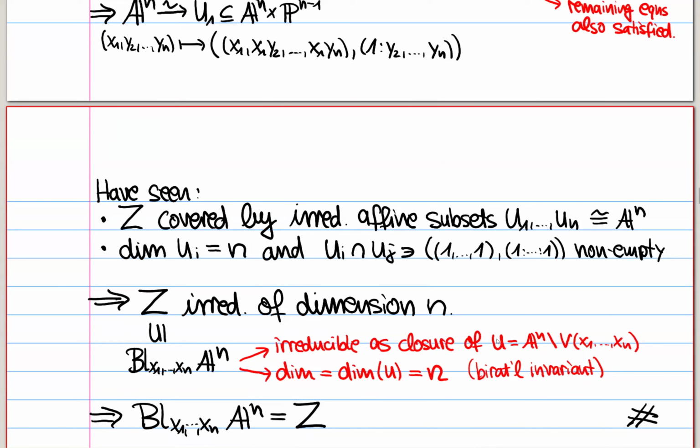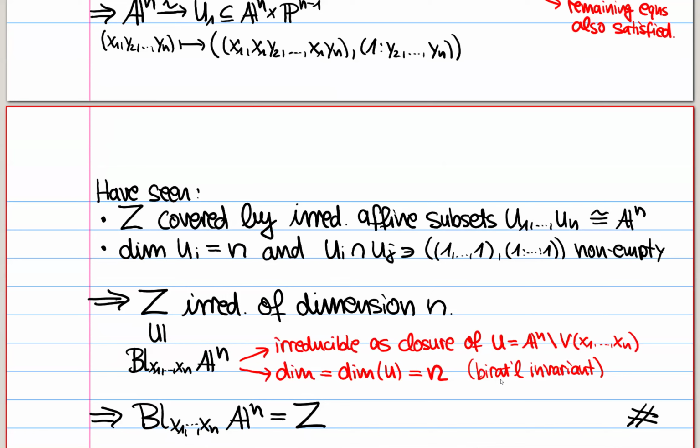We know that the blow-up always leaves u invariant, so this is still contained in there. But the dimension of this is then just the dimension of A^n, so it's just n. So here we're basically using that this blow-up of A^n is a birational map, and the dimension is a birational invariant. So we know the blow-up doesn't change the dimension.